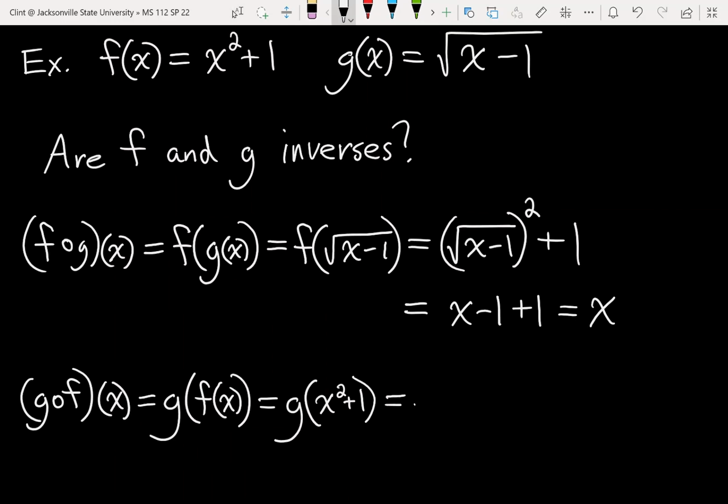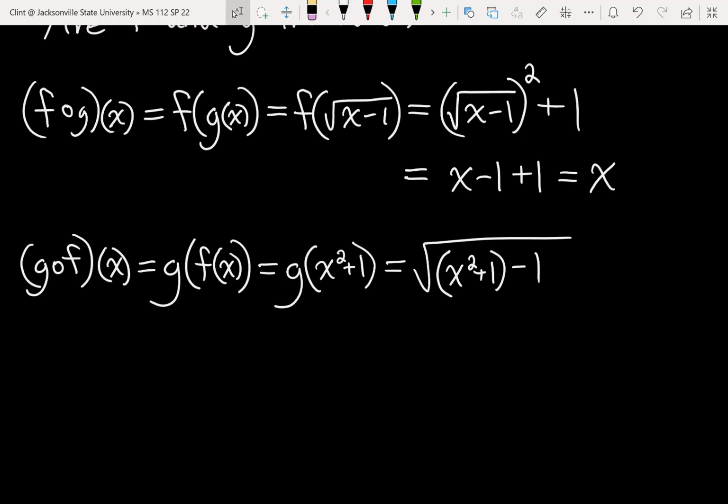So we'll have square root of x squared plus 1, minus 1. In there, we really don't have to have the parentheses. I just put them in there so you can see where I was plugging in. And so there, plus 1 minus 1 goes away. We've got square root of x squared.